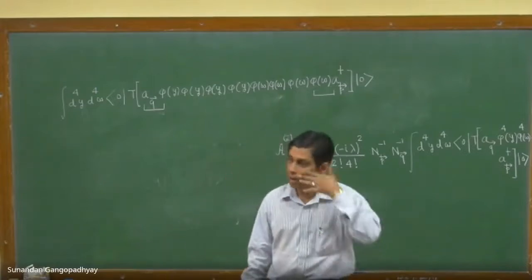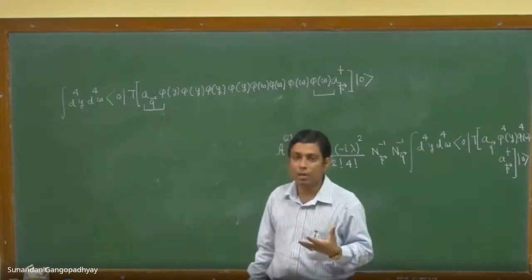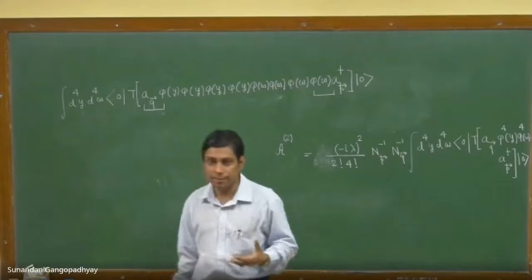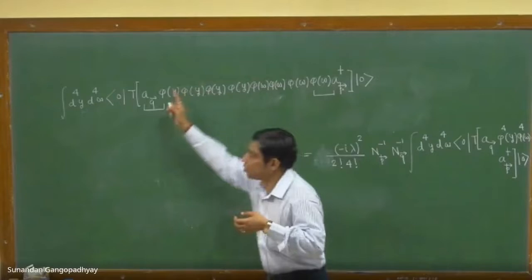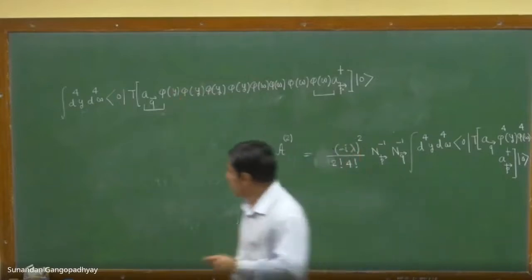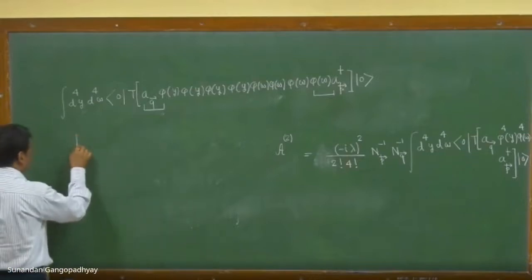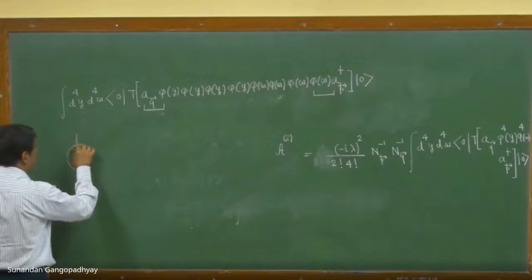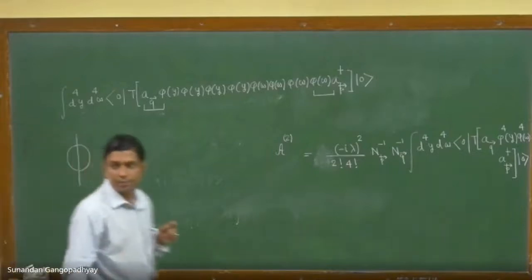As we have seen earlier also, when we were considering the first order term, we saw what are the possible diagrams that can arise. So here also, to each possible contraction, you can draw a Feynman diagram. Let us today concentrate on a particular Feynman diagram and see how this kind of a diagram can arise.